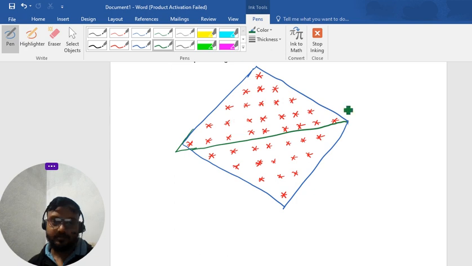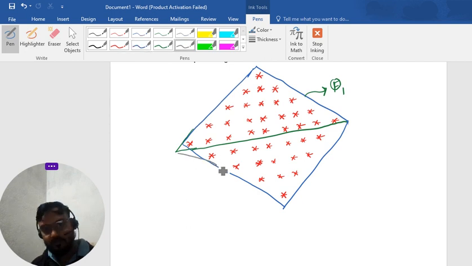So now I will divide this one problem into two different problems, right? This will be figure one, and this section will be figure two.